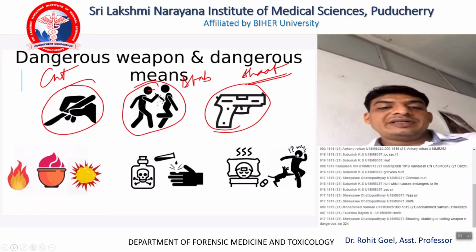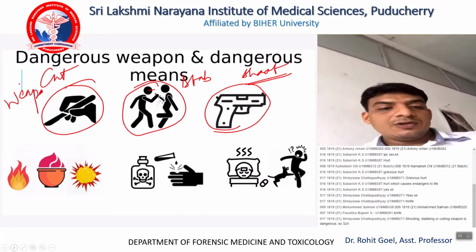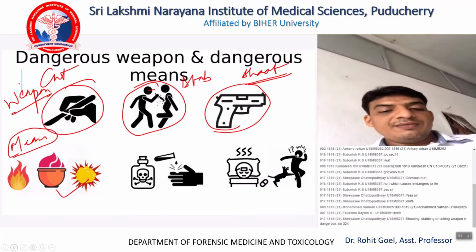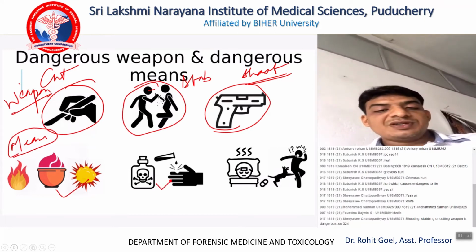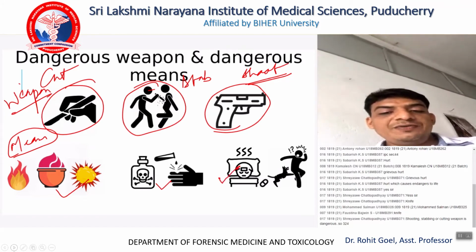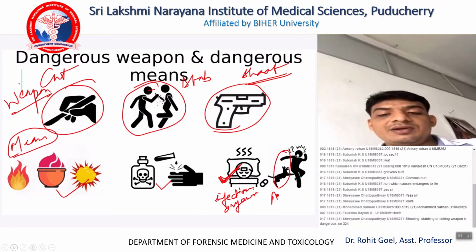And there are dangerous means; this is weapon, and there are means also. In means we have fire, poisonous substance which has the effect of causing disease in a person, infectious organisms, and lastly, animal.